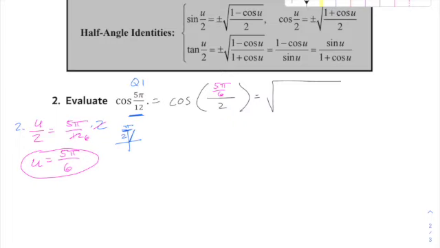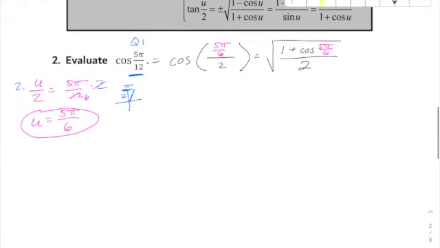Okay, but now you're off and running, and you're going to see a lot of familiar algebra. It's almost the same formula as the sine half angle, except it's 1 plus cosine of your u value. Our u value is that 5 pi over 6. Now just simplify, be good with your unit circle, your algebra, your radicals.